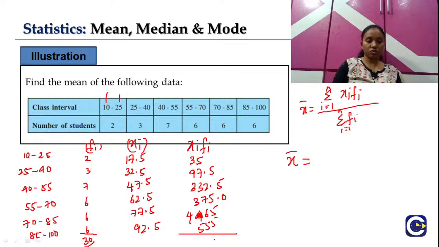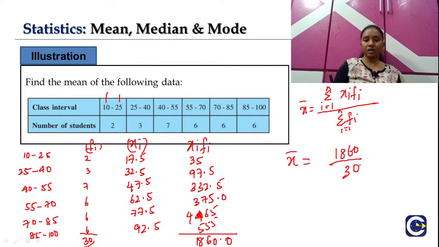So adding up all these values according to our xi fi, according to the formula, we get 1860, and sigma fi will be equal to 30 here.